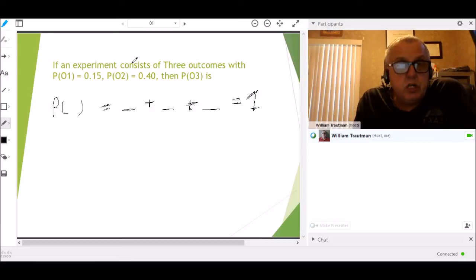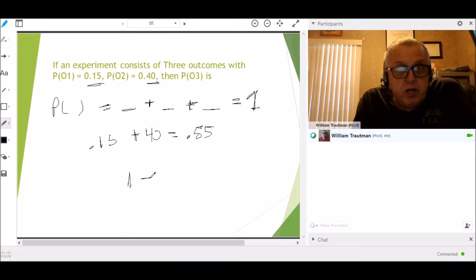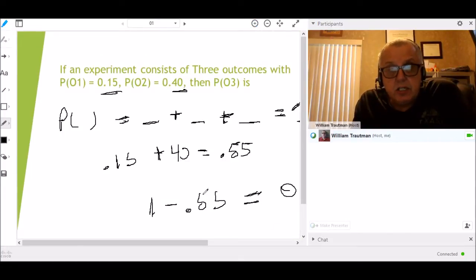So if it equals 1, we have 0.15 plus 0.40 equals 0.55. So how much more do we need to equal 1? Well, you could just take 1 minus 0.55, and the answer is 0.45.